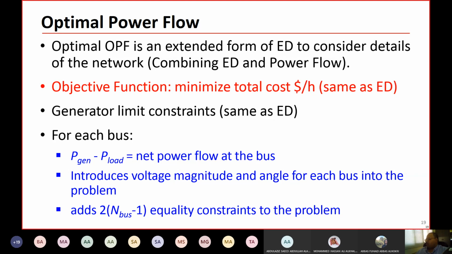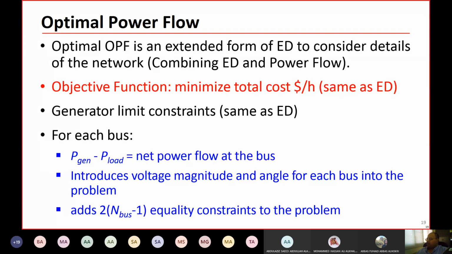There is no reactive power flow, and reactive power is a burden. It is needed, but it is a burden.